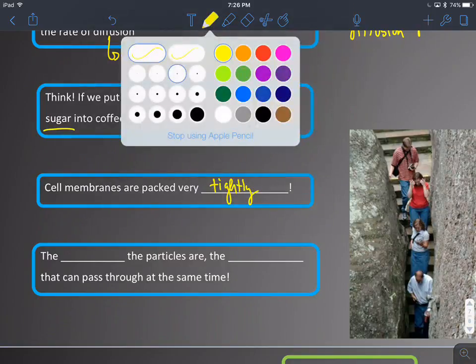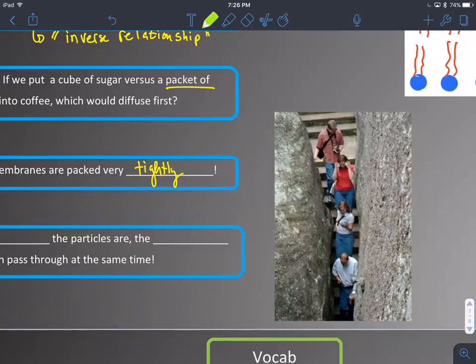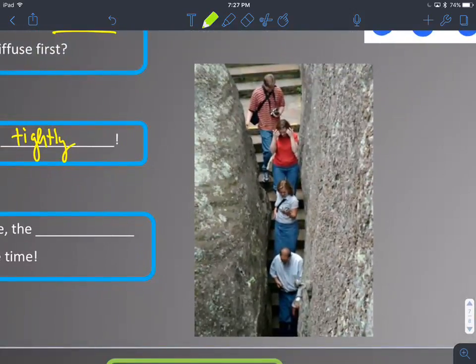It almost reminds me, if you look on your right, of this notch here, okay? If you notice, we have these rocks and we have these people that are walking through. If the people were smaller, more of them could actually fit.